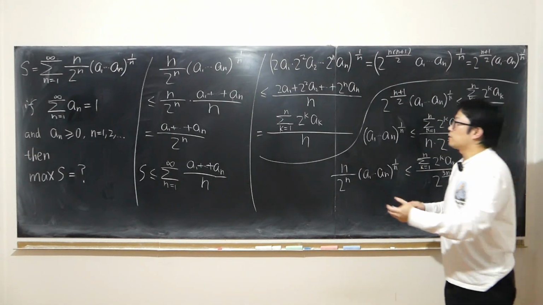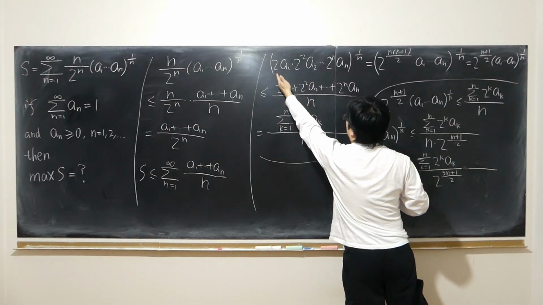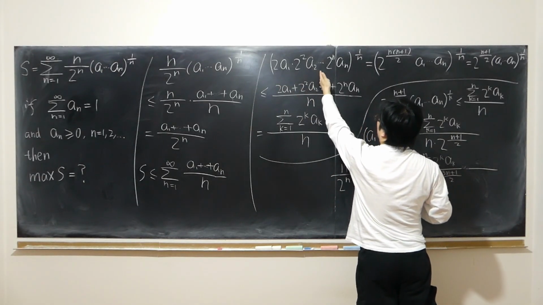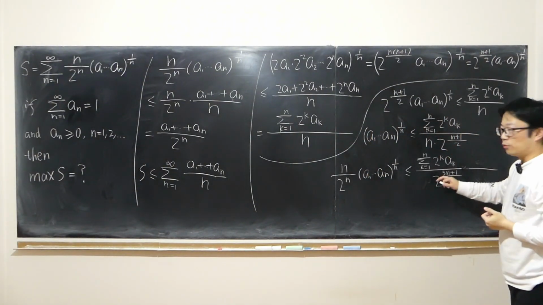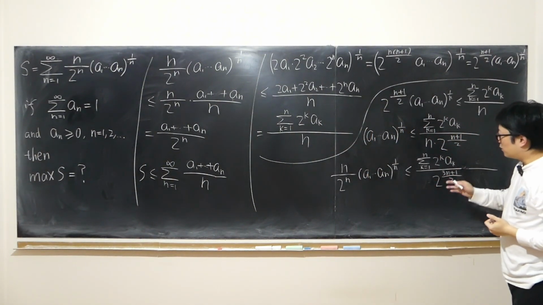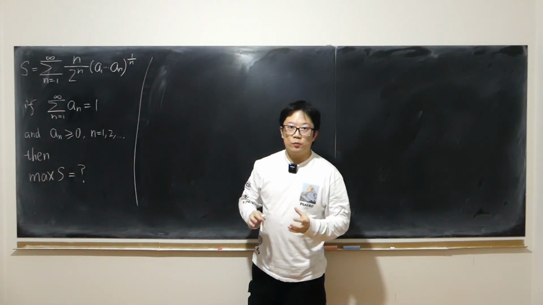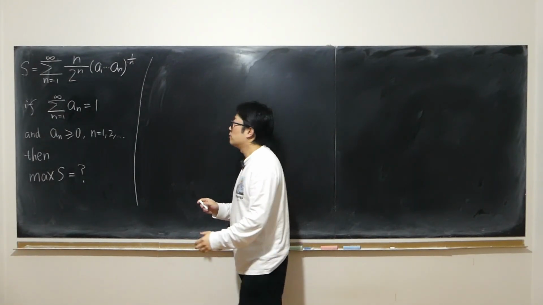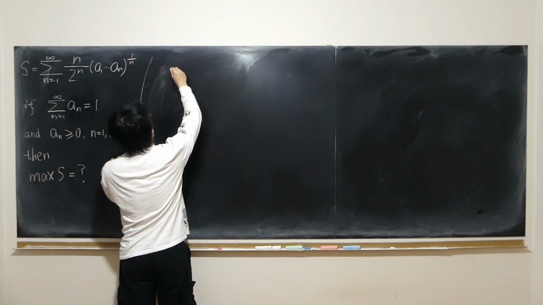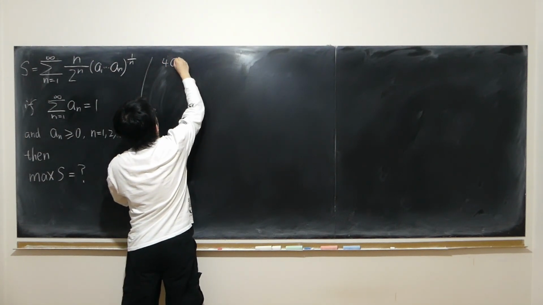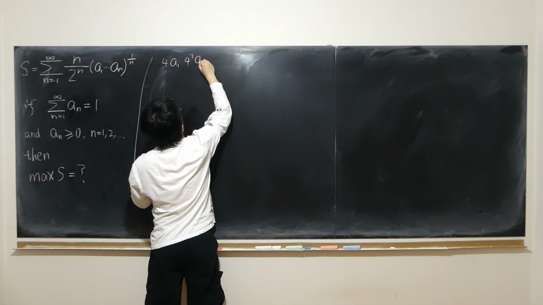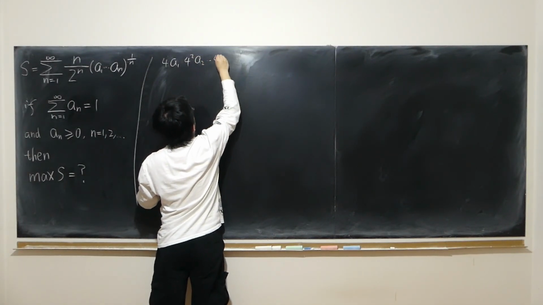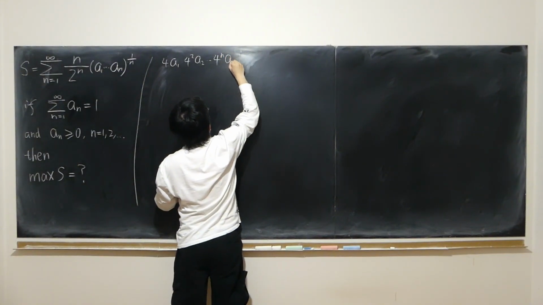In other words, if we just somehow use 4 to the power of 2, 4 to the power of 3, all the way to 4 to the n, maybe that'll look nicer. Right? We can more easily simplify. Like I said, instead of using base 2, this time we use base 4. So this time we say 4 times a1 times 4 to the power of 2 times a2 all the way to 4 to the power of n times an.